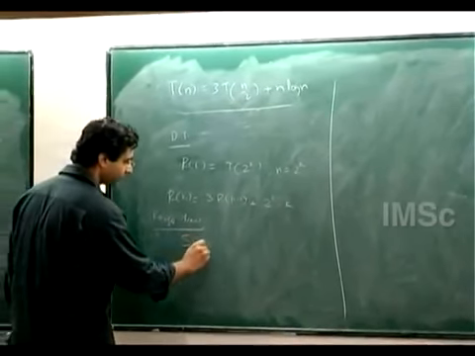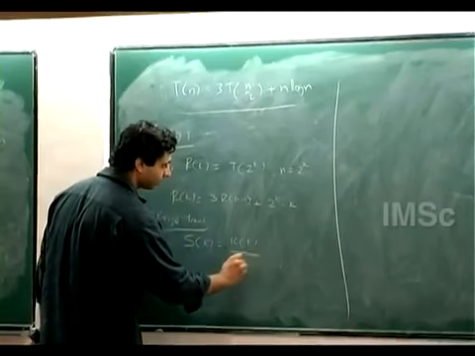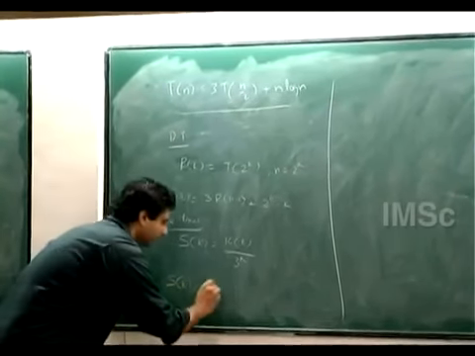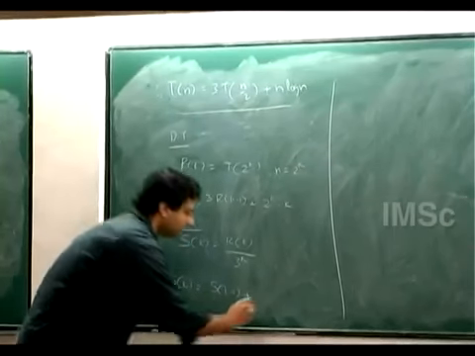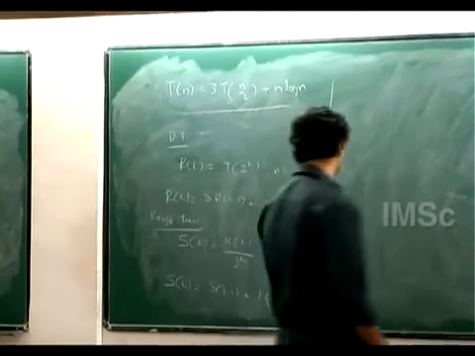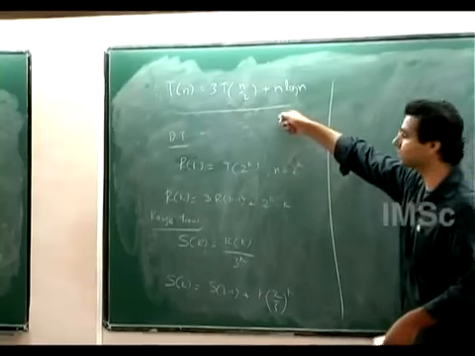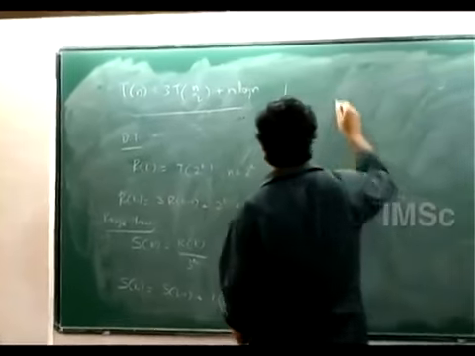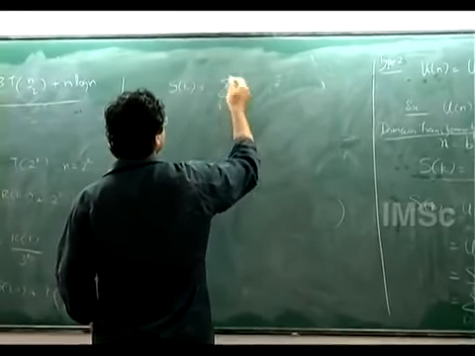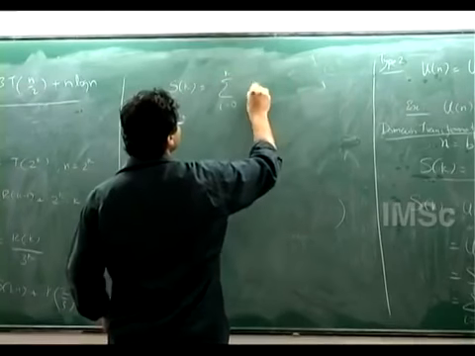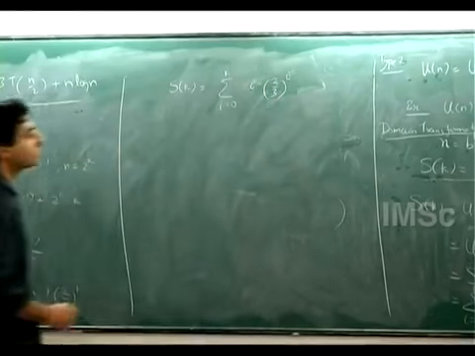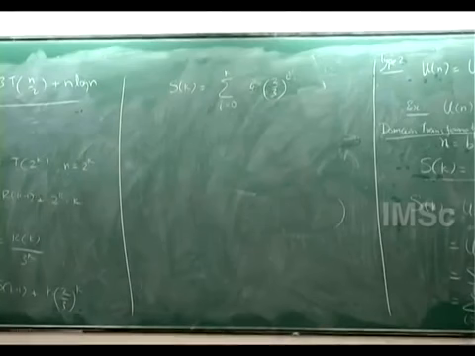Now I do the range transformation. I define S of k to be R of k divided by 3 raised to k, and if I do that, I get S of k is S of k minus 1 plus k times (2 by 3) raised to k. So we have reduced this recurrence to a fundamental recurrence, and we know the solution is the summation from 0 to k of i times this term.